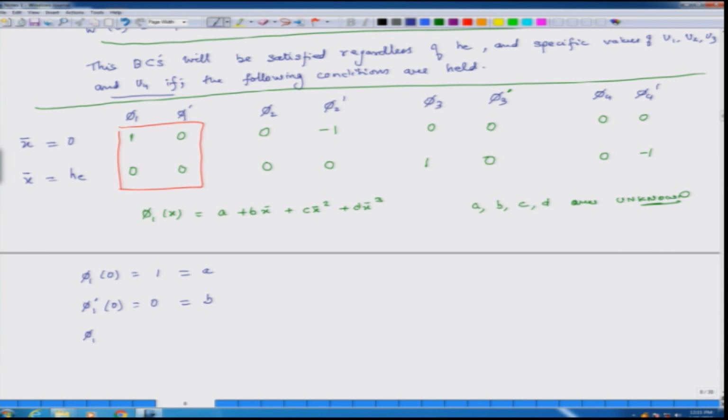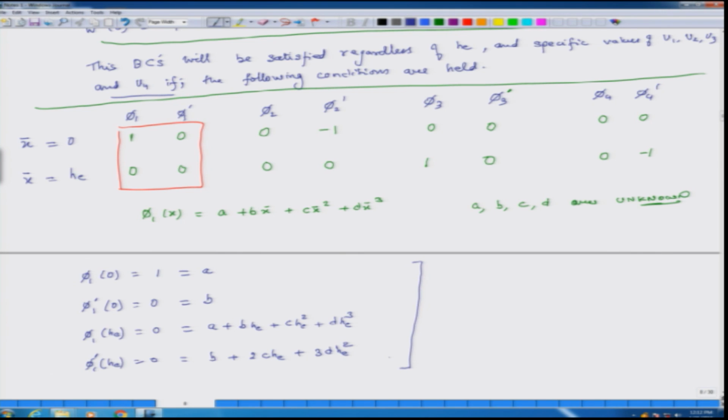Third equation is phi 1 at HE equals 0 and this equals A plus B times HE plus C HE square plus D HE cube. And the fourth equation is phi 1 slope at HE equal to 0 and this is equal to B plus 2 C HE plus 3 D HE square.